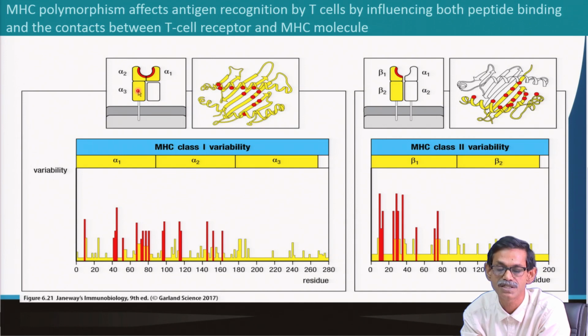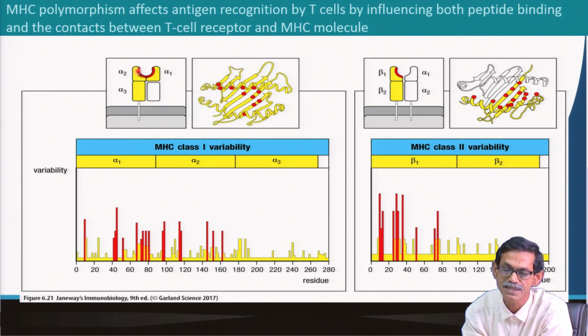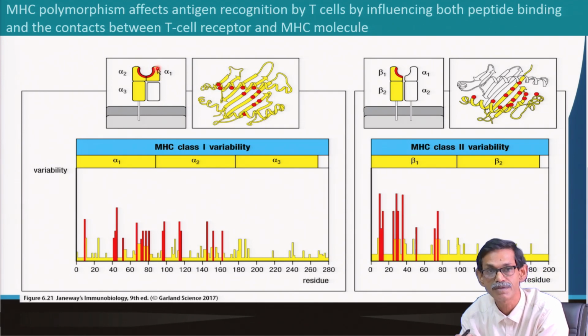If there are a lot of changes here, CD8 interaction may not happen. So variation in the alpha 3 region is not expected. Whereas polymorphism in the peptide binding cleft will be beneficial, because with more changes, more variety of peptides the MHC can accommodate.